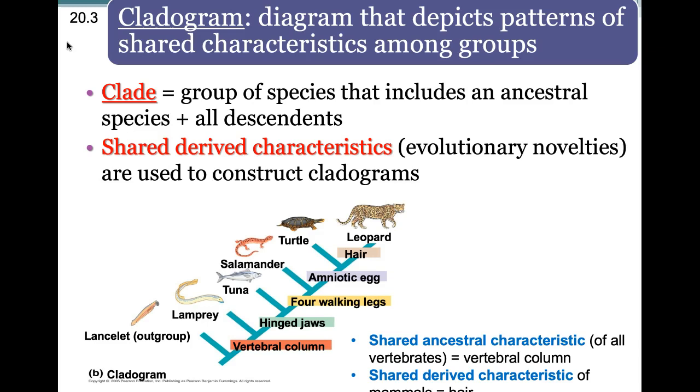At the very bottom, you start with an outgroup. This is typically a species that diverged early on in time and is closely related but doesn't share all of those derived characteristics that every other organism in this diagram has.